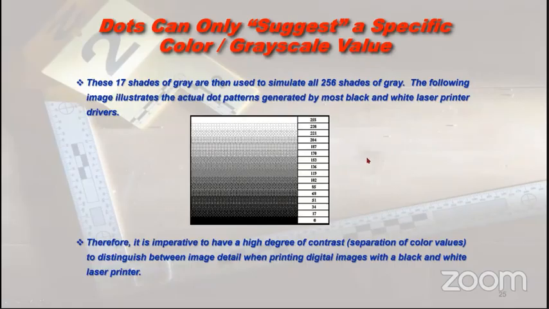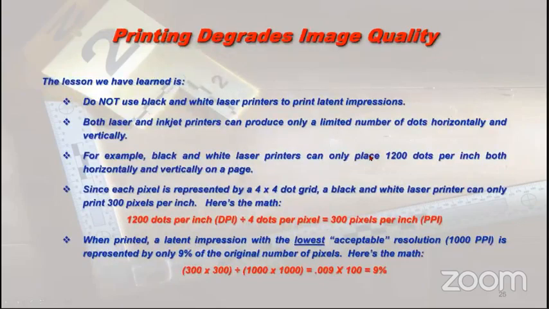But once again, we are trying to get people away from this idea of printing. So if you are going to do printing, do not use a black and white laser printer. You want to use an inkjet printer, and you want to make sure that it has sufficiency in terms of the number of dots that appear within the print head.